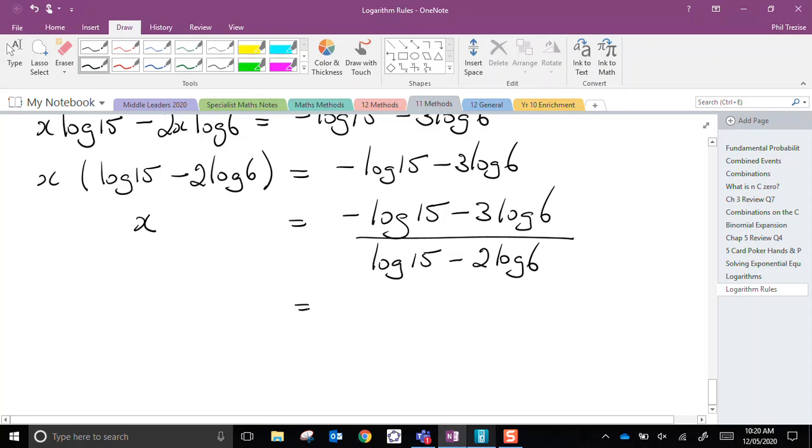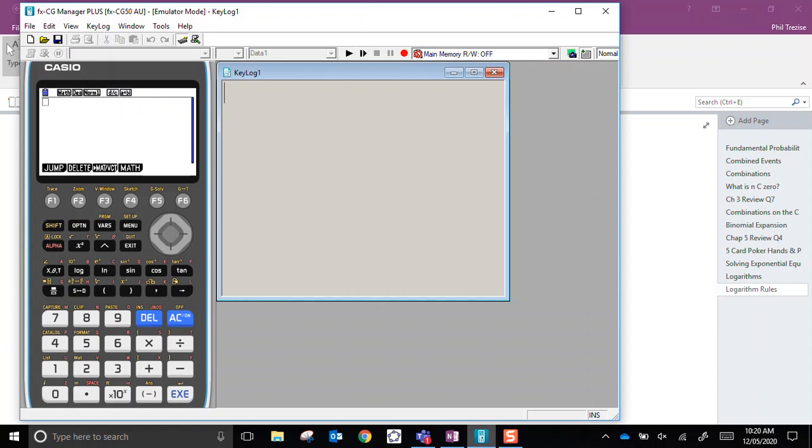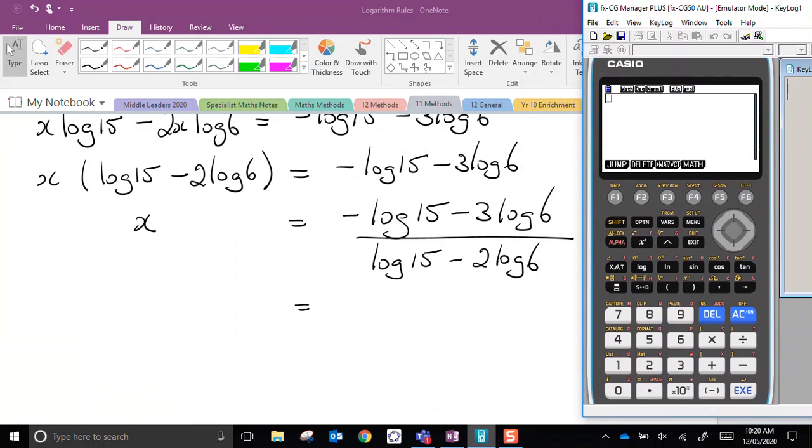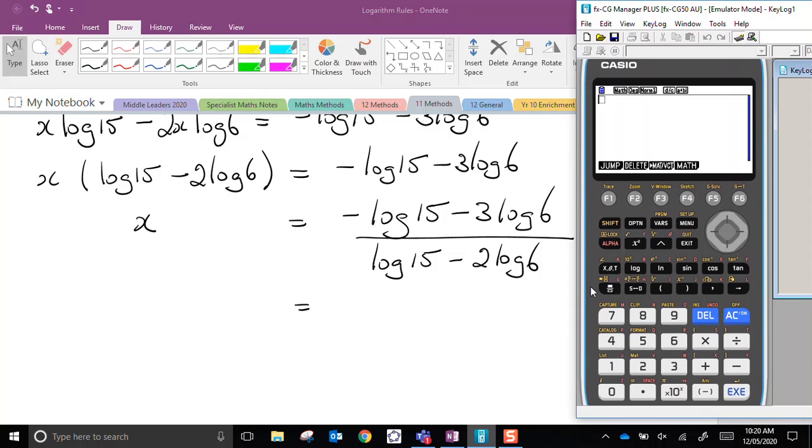Now that's definitely a job for the calculator. Negative log 15 minus 3 log 6 over log 15 minus 2 log 6.